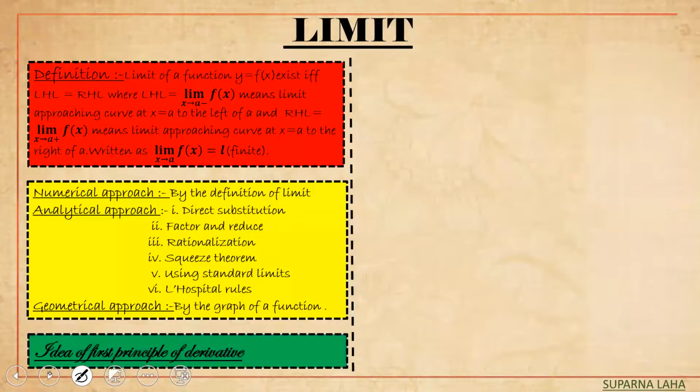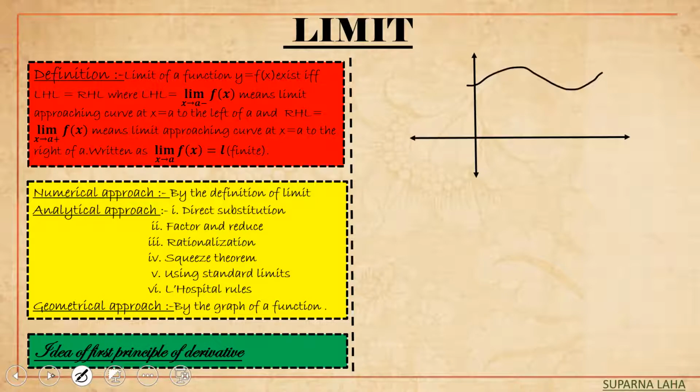And here is your second concept, that is concept of limit. Now what is limit? If I take this graph y is equal to f of x, here f of x is real valued function. Now I need to check the limiting value at the point x equals to a.